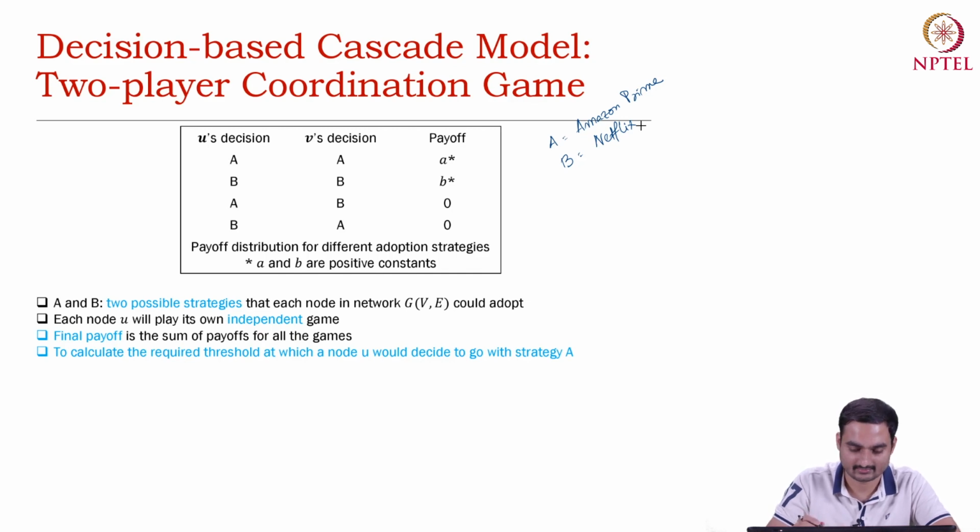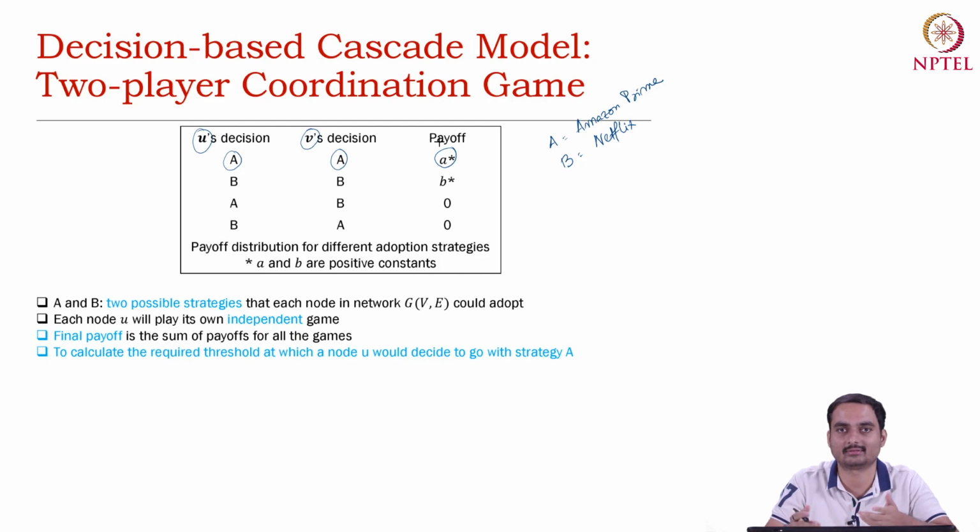Now, let's say you are U, and V is your friend. So, V has already adopted strategy A, right? If you also adopt A, the payoff would be small a, right?